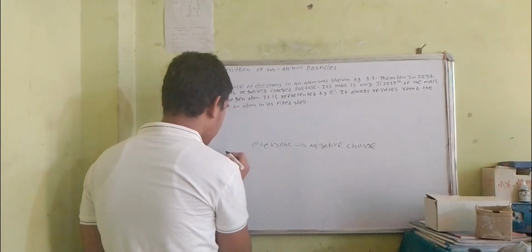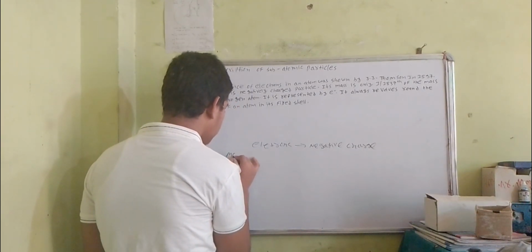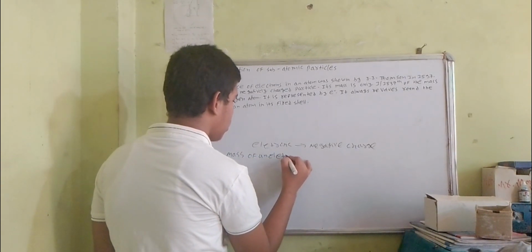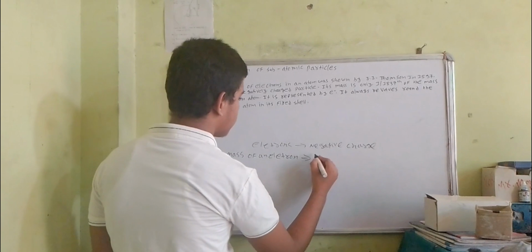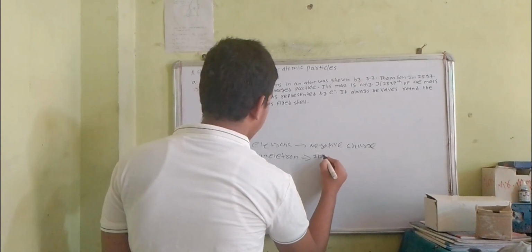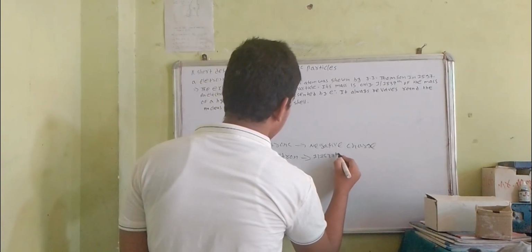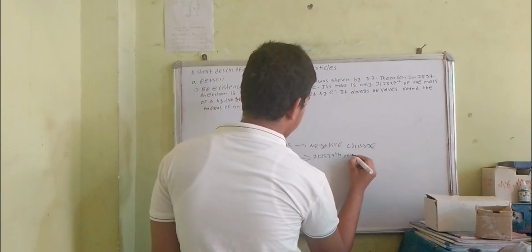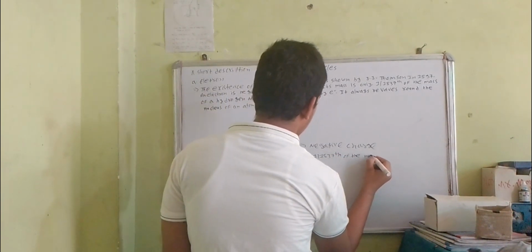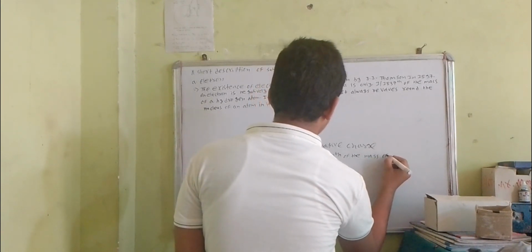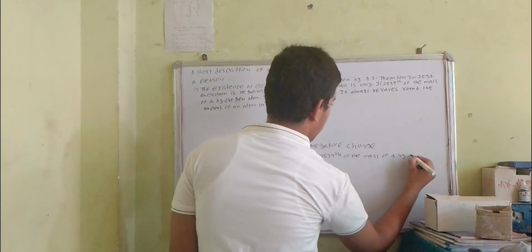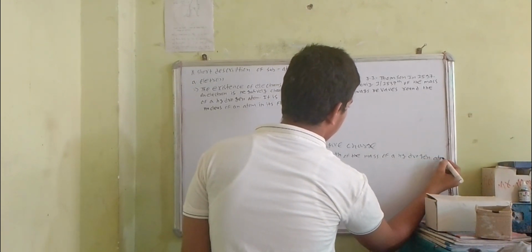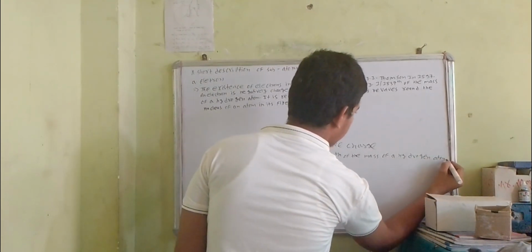This is the mass. Mass of an electron is 1/1837th of the mass of a hydrogen atom.